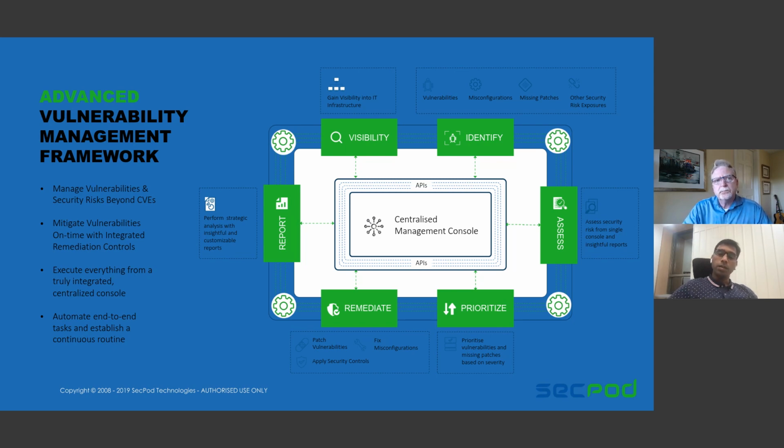Then you need to identify all kinds of weaknesses and loopholes that the infrastructure is exposed to, and then perform an assessment to understand what these vulnerabilities are and prioritize those that you must act upon on a priority scale. Then remediate those vulnerabilities within the same console, report it, and make it into an automated process.